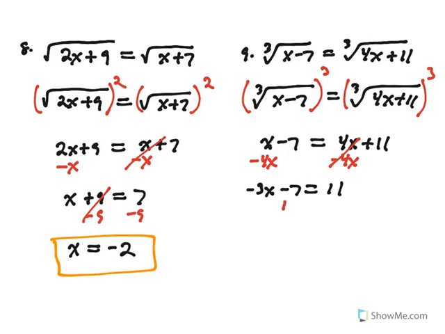Then I'm going to go ahead and add 7 to both sides. So then I have minus 3x equals, and then 11 and a 7 gives me 18, right? Then I would divide both sides by negative 3. Remember, the 7's cancel here, the 3's cancel there. So that turns into a positive x, and this was negative 6.